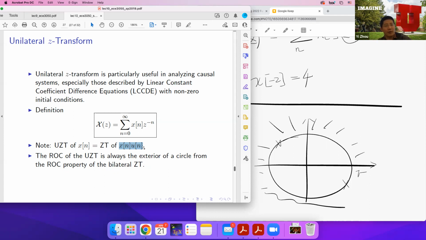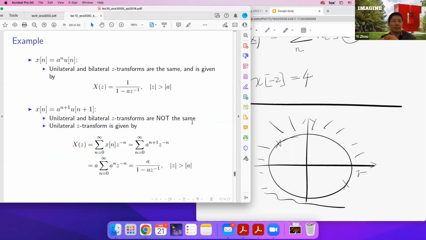So the ROC is extending outwards. So for example, if we look at this causal signal, because it's causal, we know that by definition, the unilateral and the bilateral Z transforms are the same.